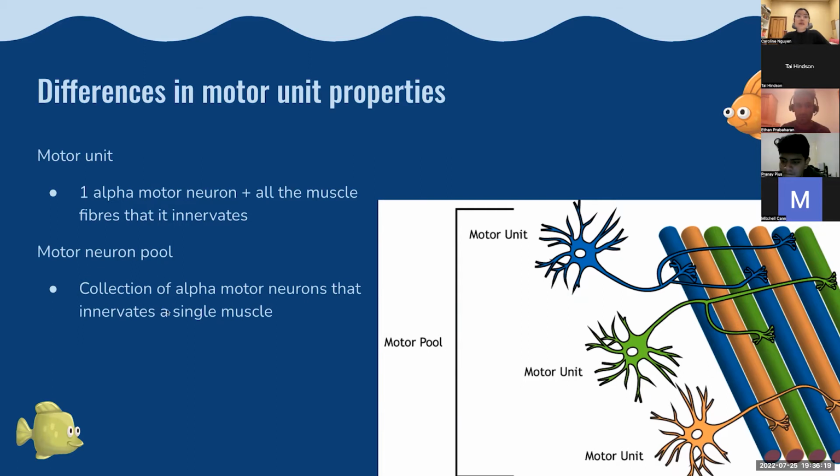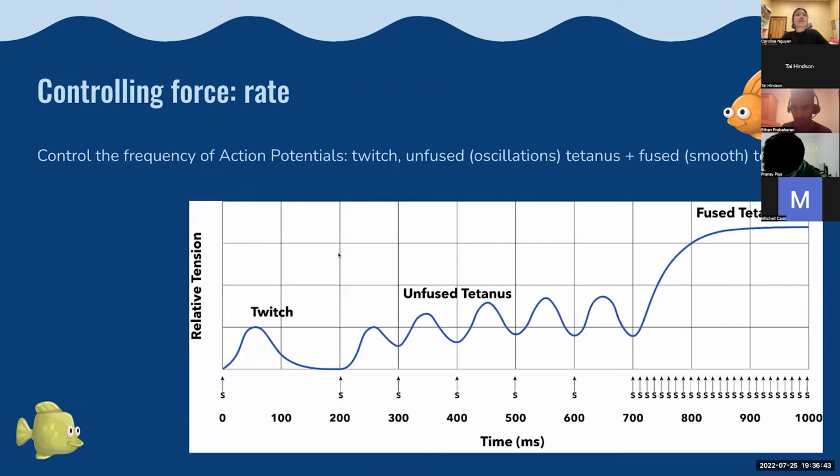That's all of the alpha motor neurons that innervate that muscle. So remember, alpha motor neurons were the nerves that innervate specific muscles. And so a motor neuron pool is if you look at a specific nerve, say like this green one, and you consider all of the different nerves that innervate that one muscle fiber. That's a motor neuron pool.